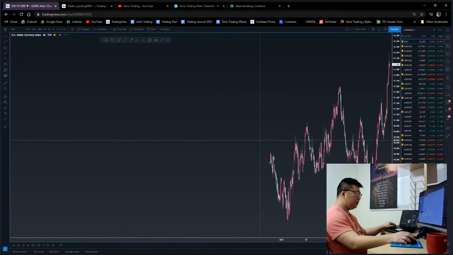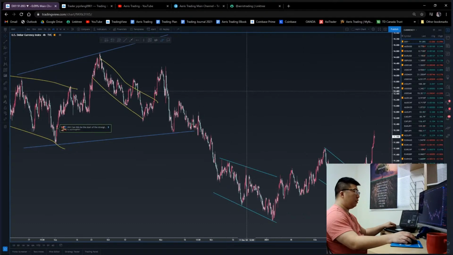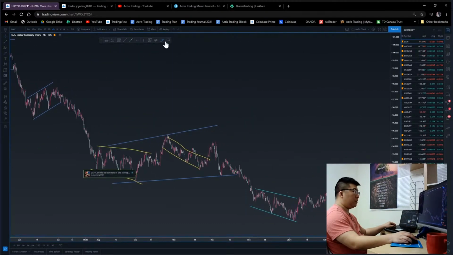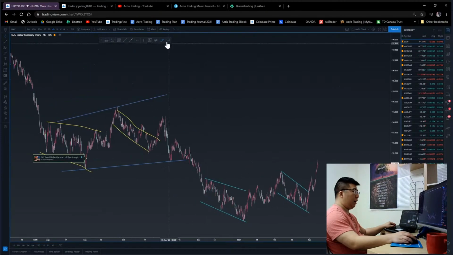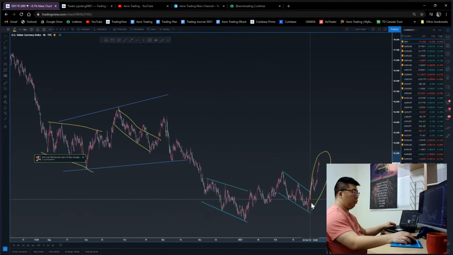In my opinion, the difference is this. Here, the dollar did not break out and then went into a bearish move, versus what we have here, which is a really strong push up above the previous high. You see this structure here, it's very similar. This push up is very similar to this push up. This correction is very similar to this correction.